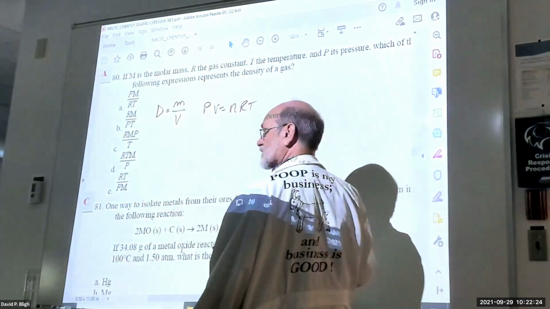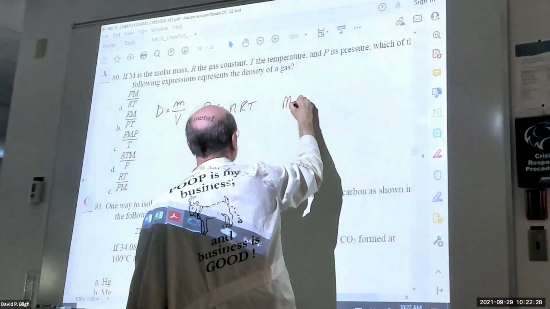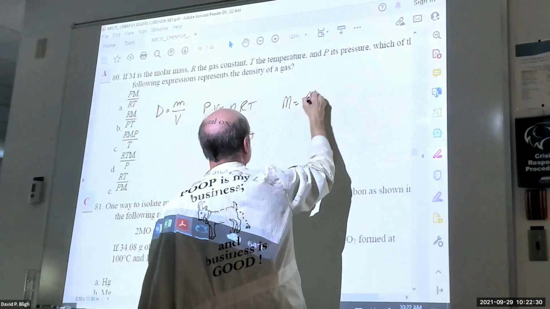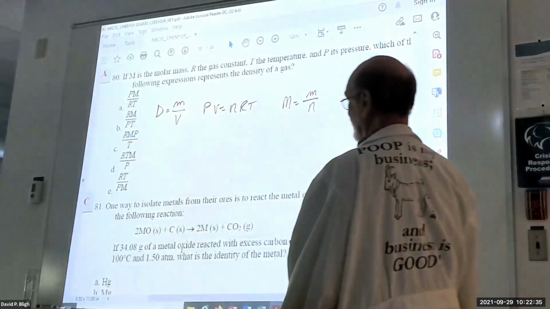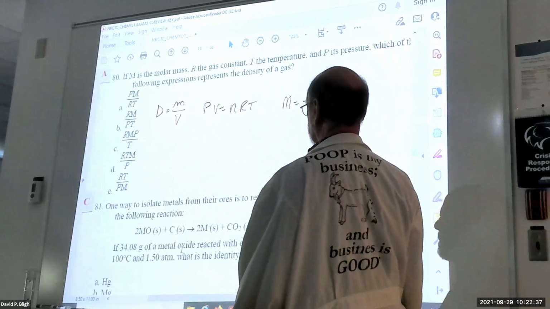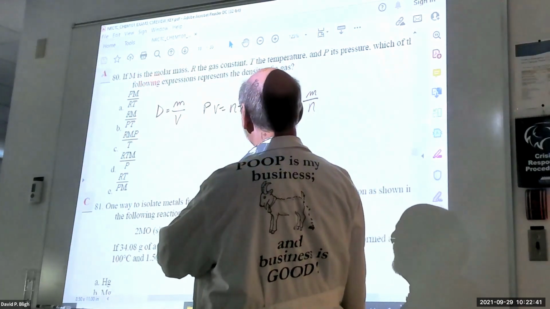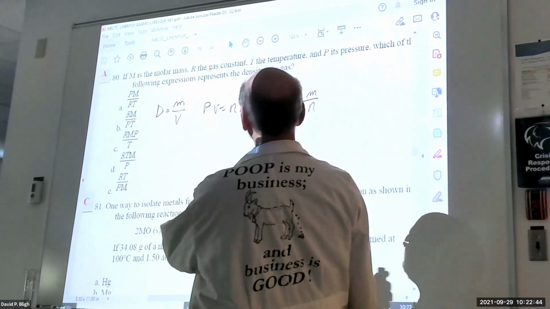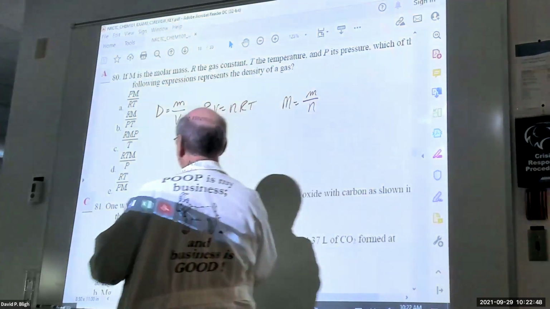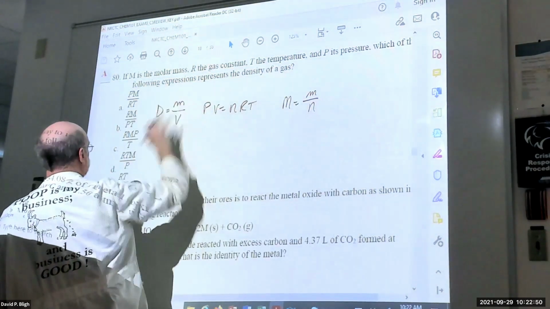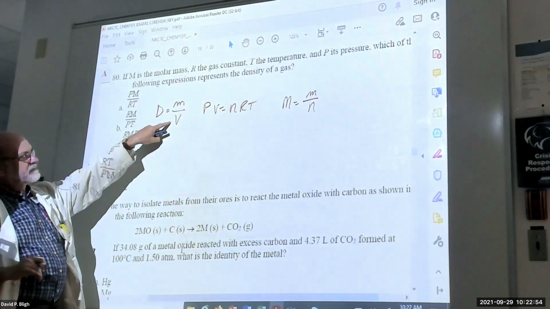And then we need an expression for molar mass. Mass per mole. Okay, so we got to reduce this one to these common terms where we're equal to, let's see, which of the following represents the density of the gas? So we need the density equal to something. So that means we're coming back to this one.